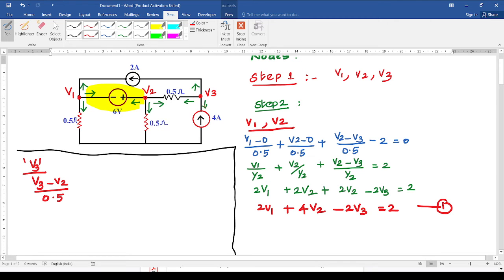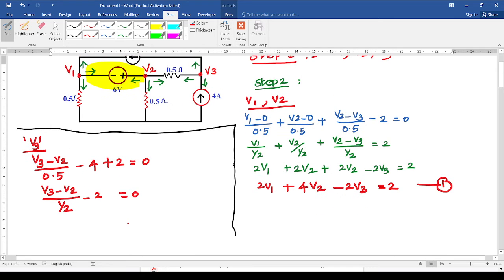Both the currents are opposing each other. The value is minus 4. For the 2 ampere current source, both the currents are in the same direction, so that is plus, equal to 0. Rewrite the equation as V3 minus V2 divided by 1 by 2, minus 2 equal to 0. From this, 2V3 minus 2V2 equal to 2. This is equation number 2.